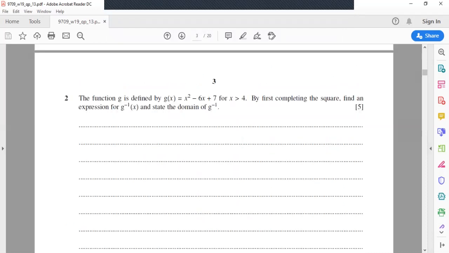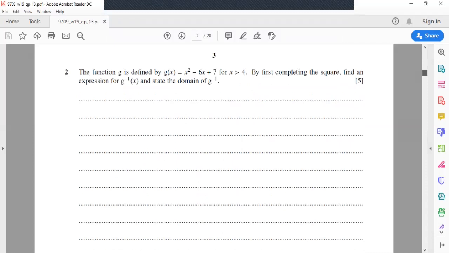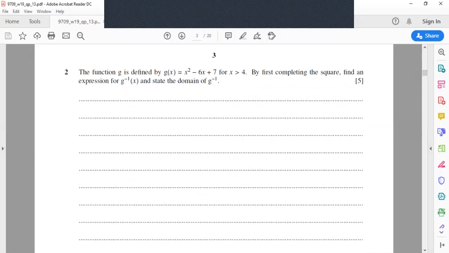Okay, here in this question, let's convert this to completing square format.